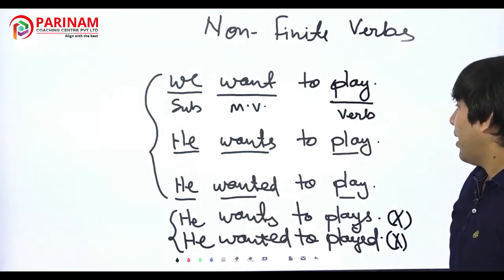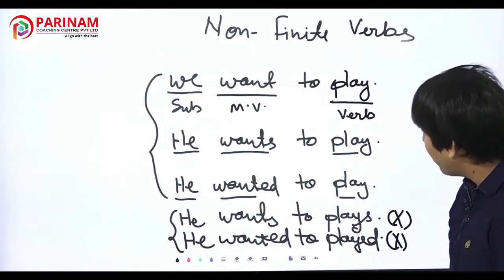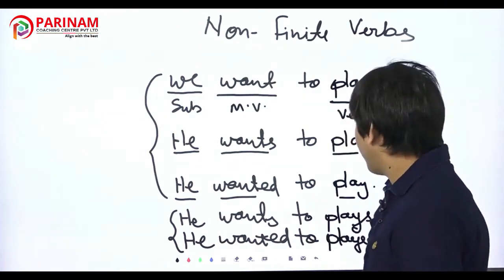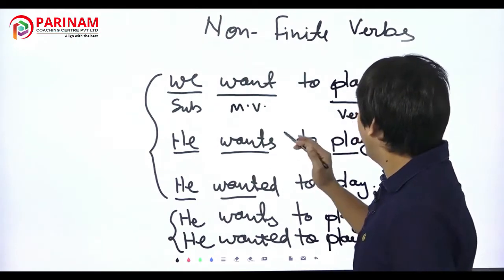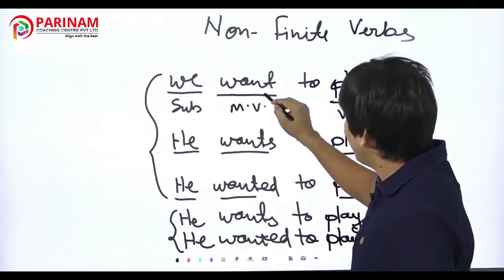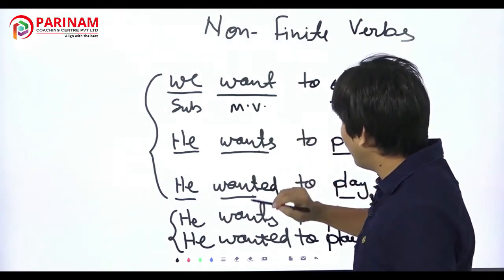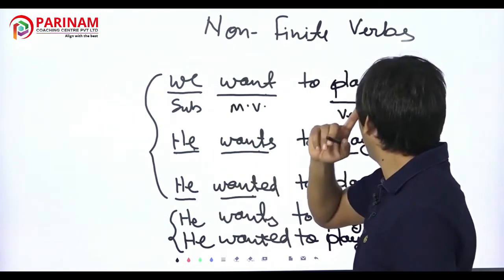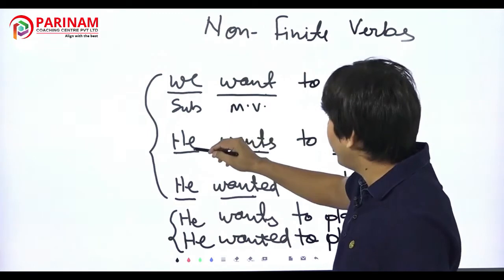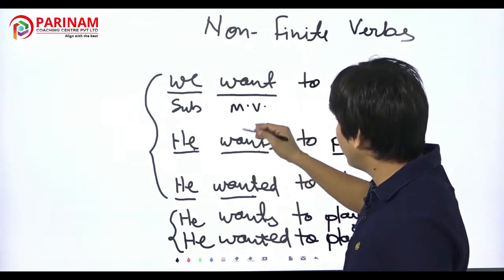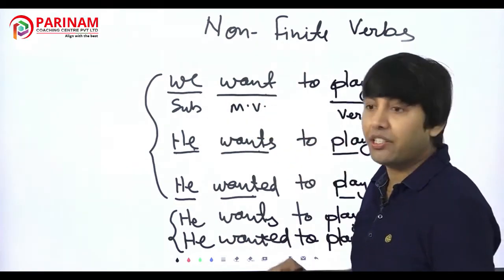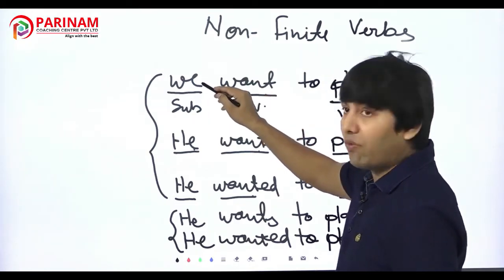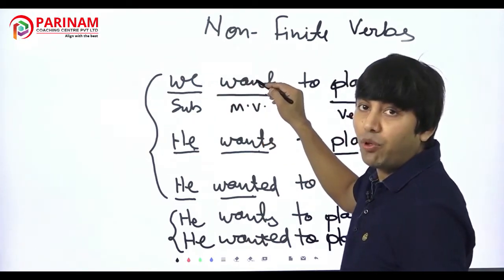But we still have not understood what we have started. So let's find out in these sentences. This is a verb, this is a verb, this is a verb, this is a subject, this is a subject, and this is also a subject. As you can see, the first two sentences are in present indefinite tense, and here the subject is we, it is a plural subject, and that's why I have written a plural verb.